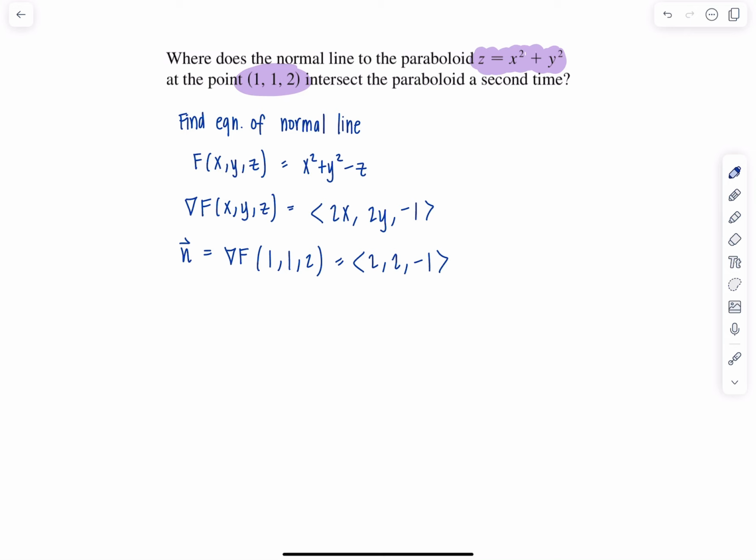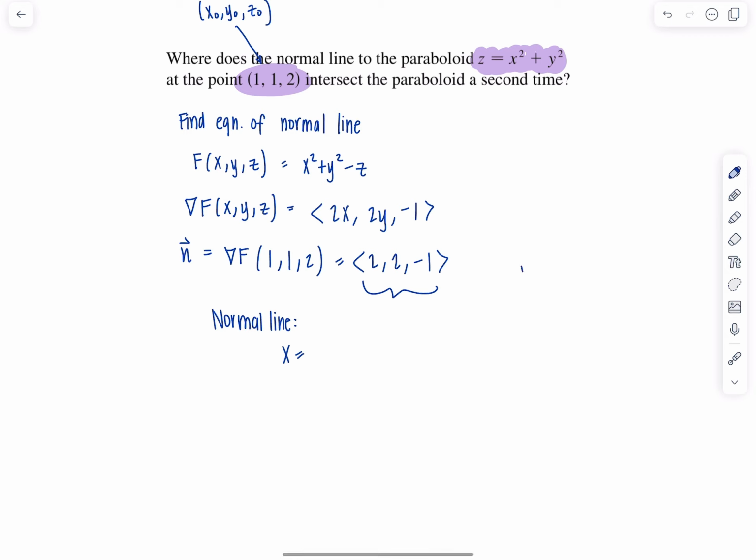We use this as our direction vector for our line, and we already have a point (1, 1, 2) right here. That's basically our x naught, y naught, z naught that we can use to write parametric equations for this normal line. Do you need a recap?